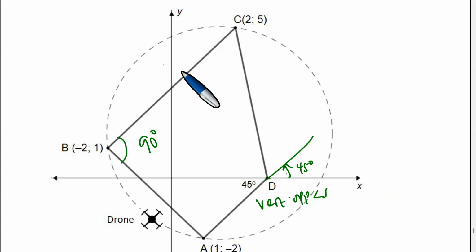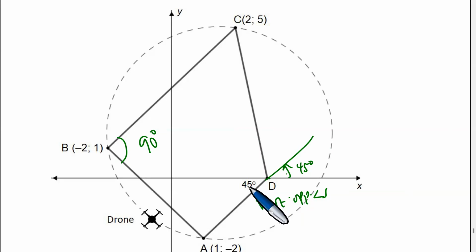Okay, so a couple of things that you need to consider at this point. It is the fact that angle CDA is 90 degrees, because this one is 45 degrees.